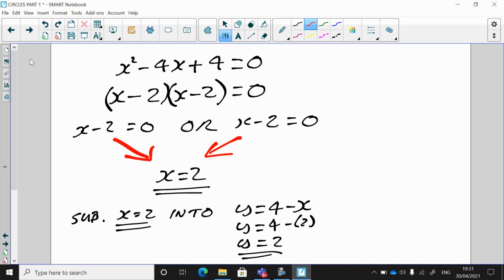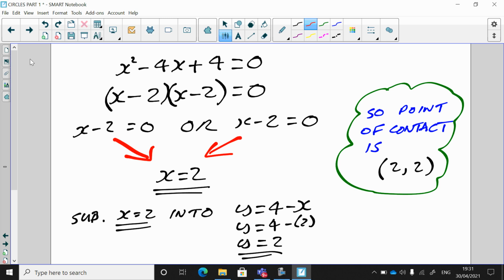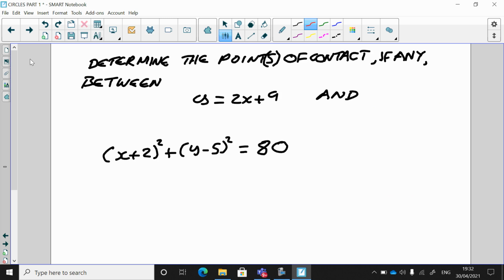So that gives you y equals 2. So the point of contact here is (2, 2). That's it.